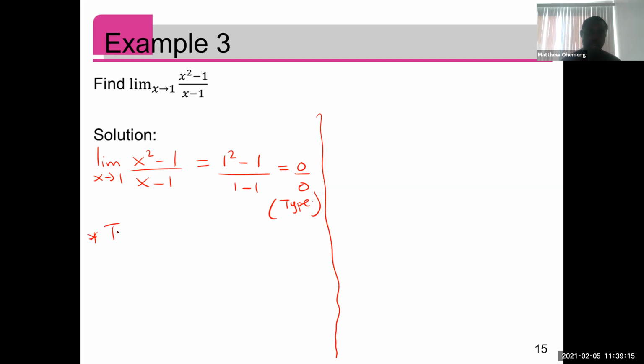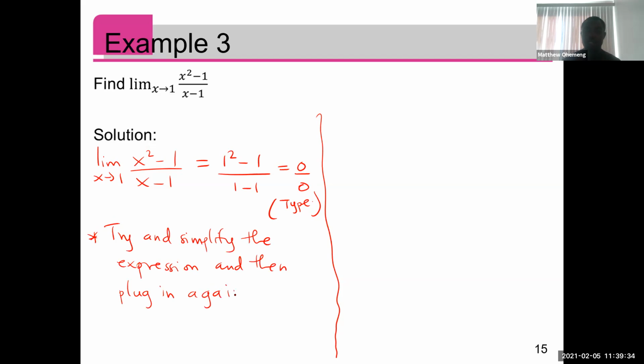The route is try and simplify the expression, and then plug in again. So that's the trick.